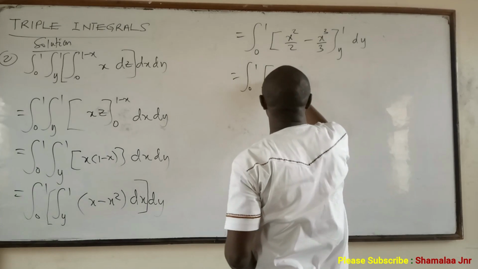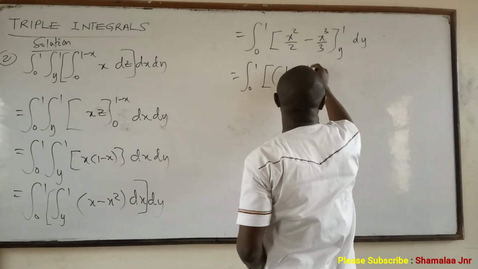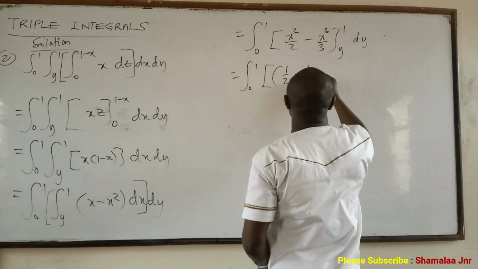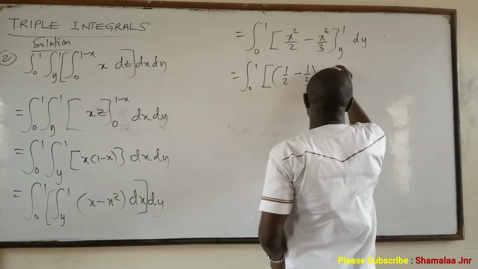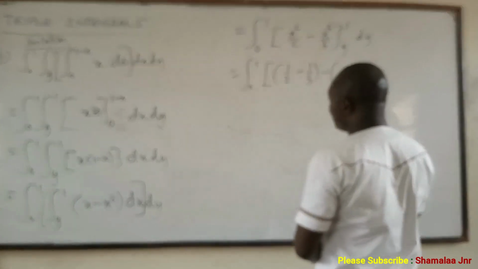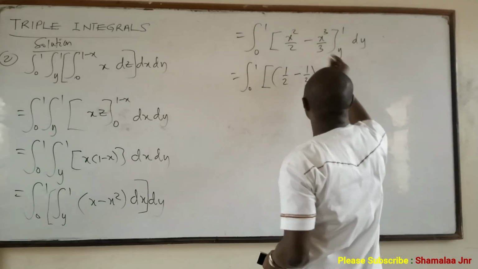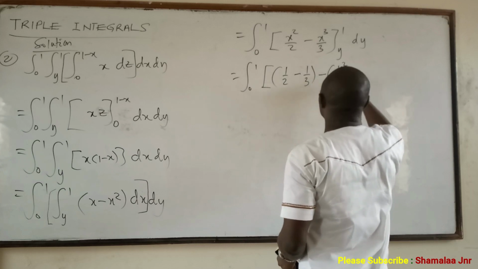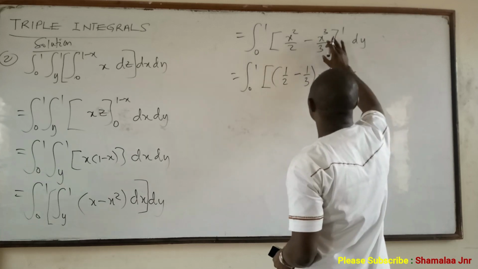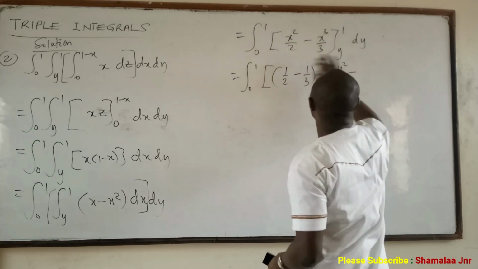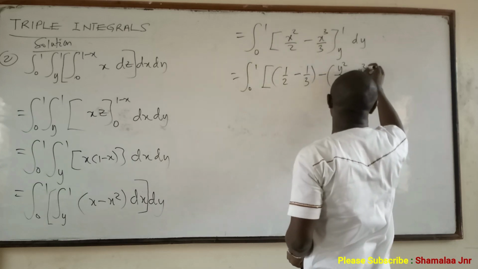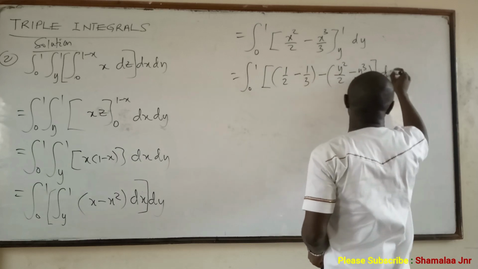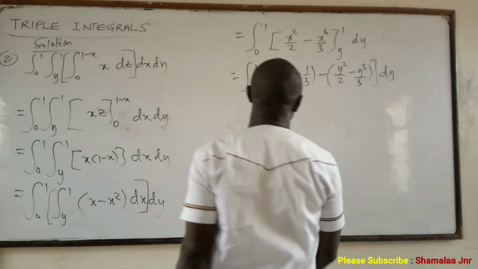So this one will be 1 over 2 minus 1 over 3, since 1 cubed is 1 and 1 squared is 1. Minus, when you put in y, this one will be y squared over 2, minus y cubed over 3, dy. I have it this way.